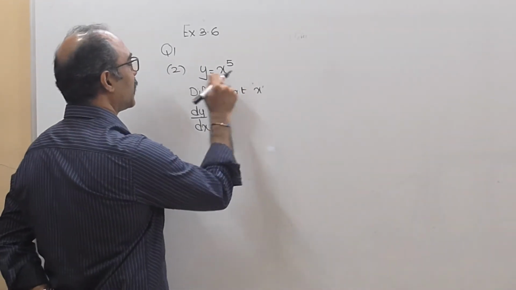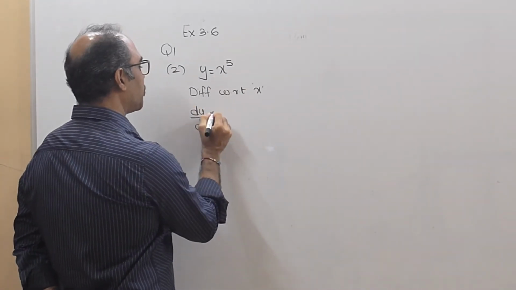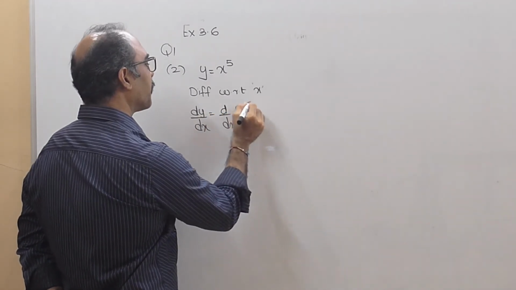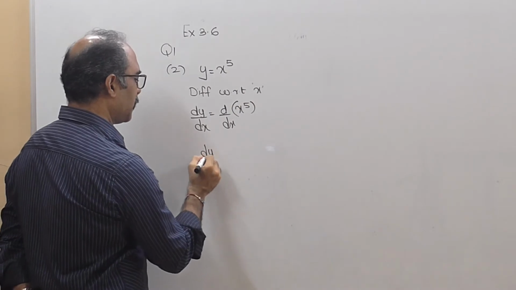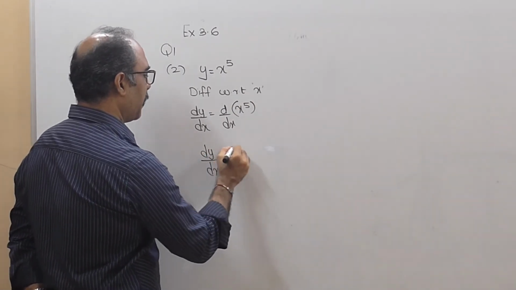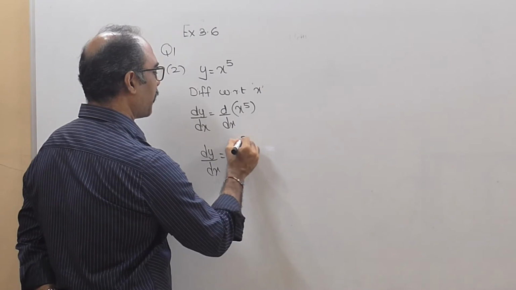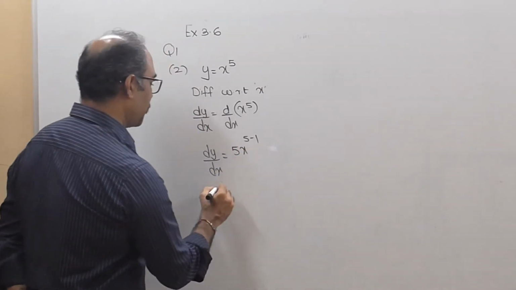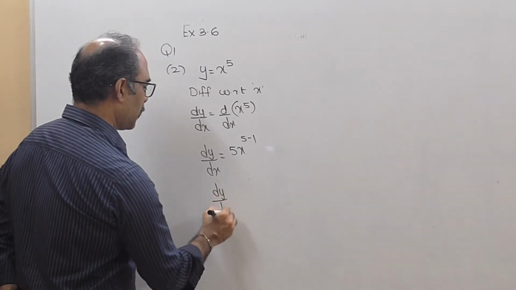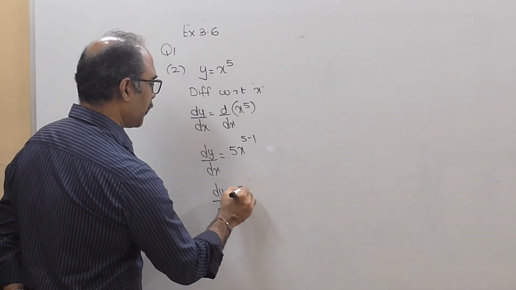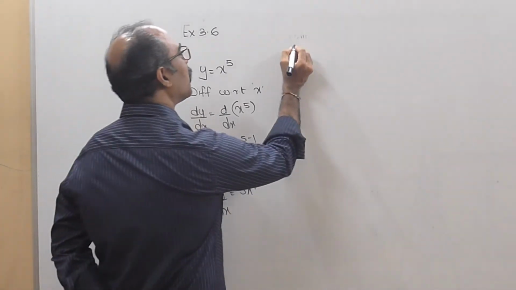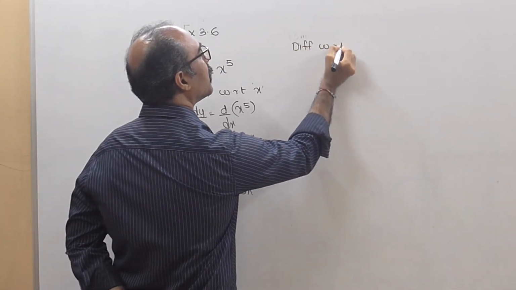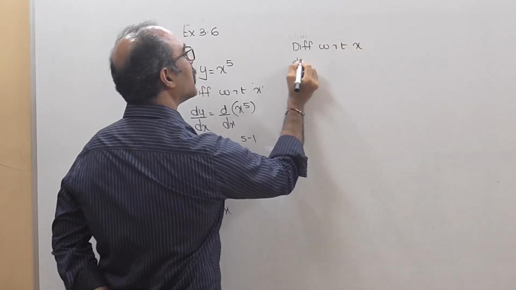Next one is y equal to x raised to 5. Differentiate with respect to x. dy by dx equal to d by dx of x raised to 5. So we get dy by dx equal to, x raised to 5 is a power function, x raised to n, that is n x raised to n minus 1. So we get dy by dx equal to 5 times x raised to 4. Again you have to differentiate with respect to x.